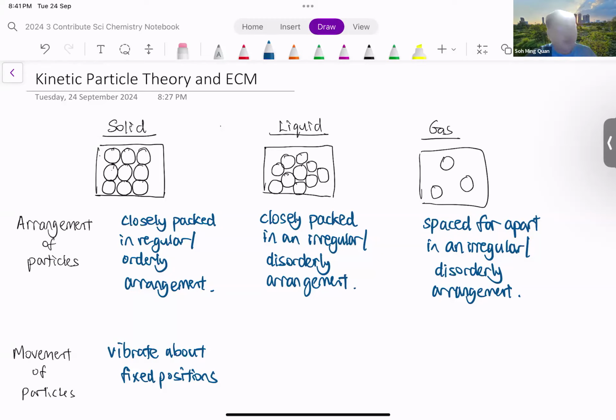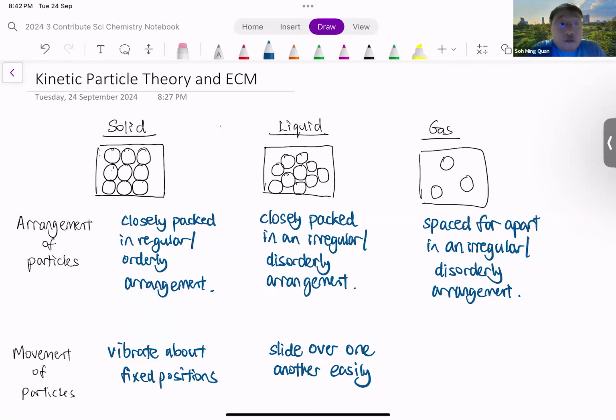Now, for a liquid, the particles can now move freely because the particles are able to slide past or slide over one another easily. So this tells you that in a liquid state, the particles can actually move freely, and this has important consequences. For instance, because the particles can move freely, a liquid can be poured, a liquid can flow freely.